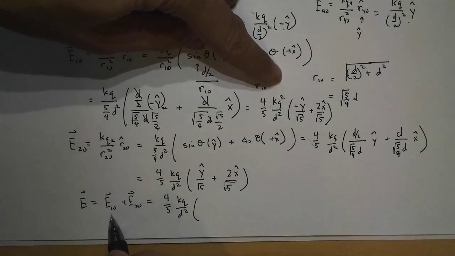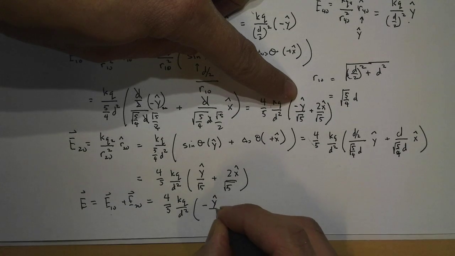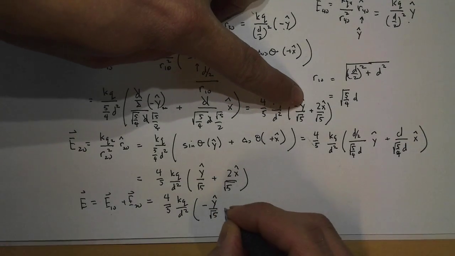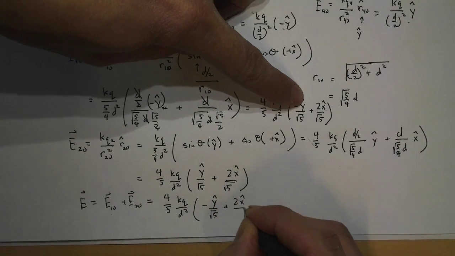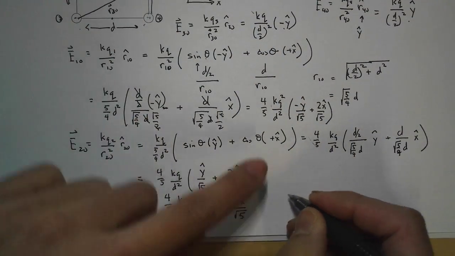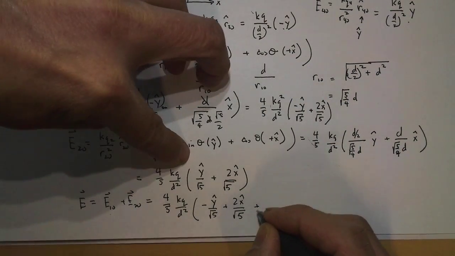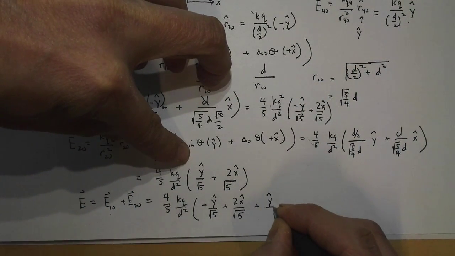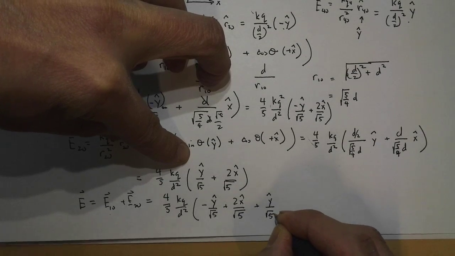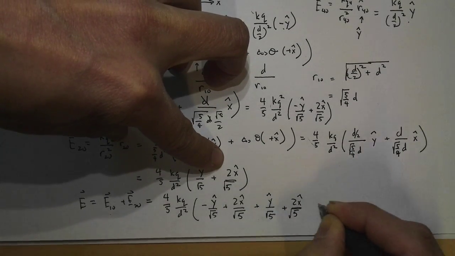So let's do number 10: minus y hat over square root of 5 plus 2x hat over square root of 5. And then this one, 20, is again y hat over square root of 5 plus 2x hat over square root of 5.